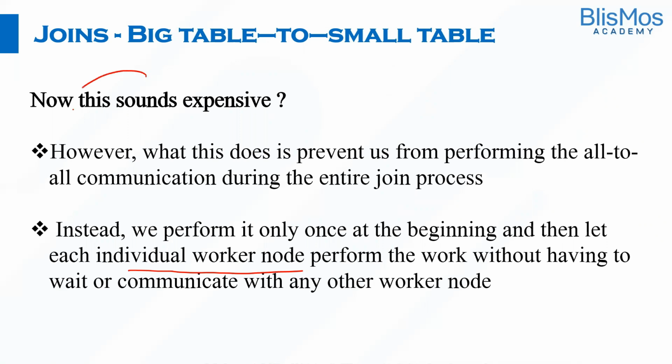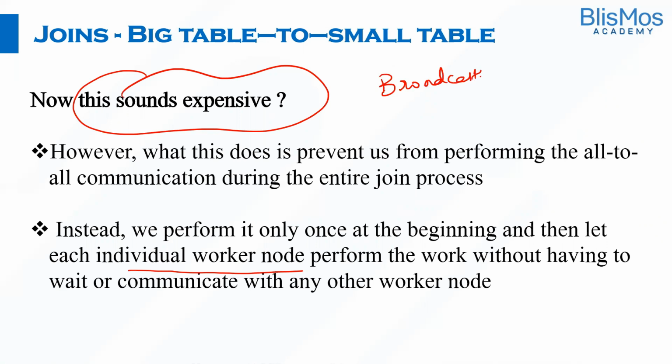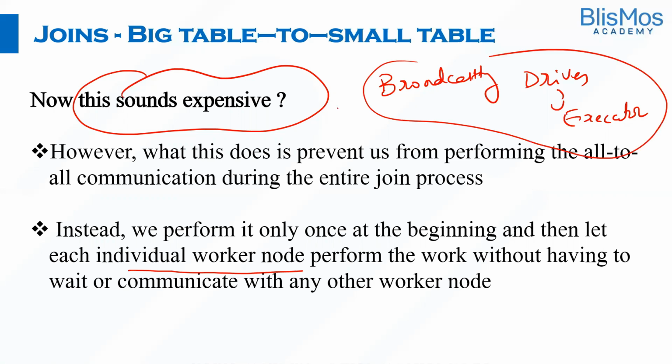Even though this sounds expensive, that broadcasting of the table from a driver to executor may take some time, but once this is broadcasted, in a way it prevents us from performing all to all communication during the entire join process.